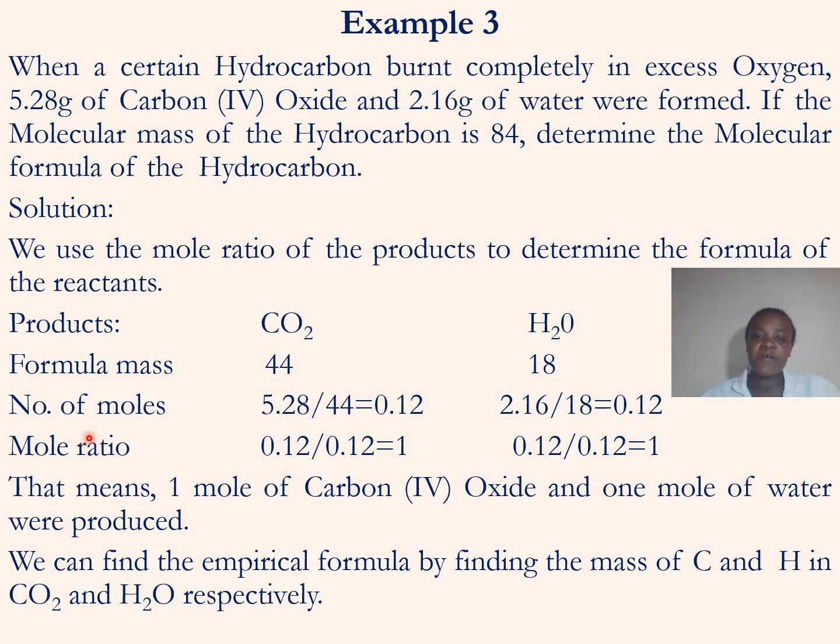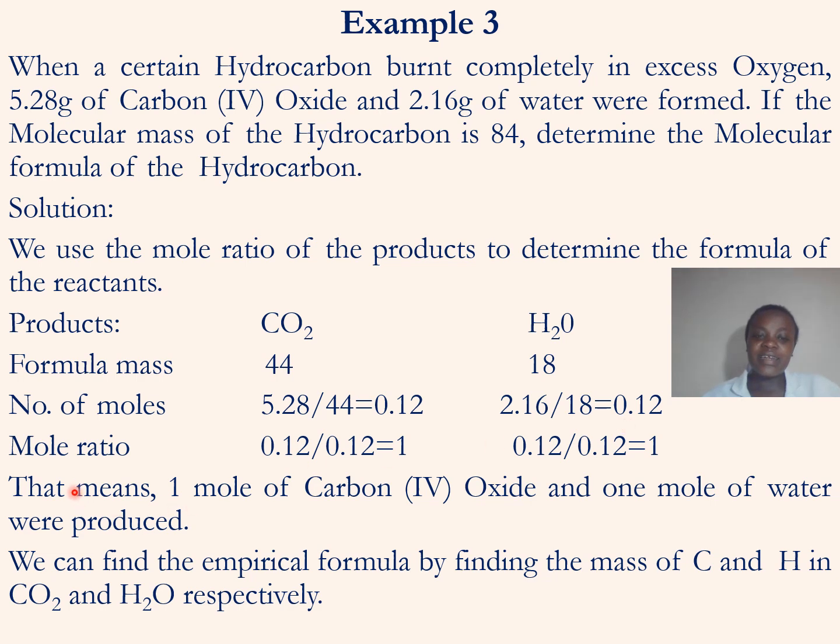So the number of moles, we are just getting mass over the molar mass, or what here we are calling the formula mass. That will be 5.28 divided by 44 to give us 0.12 moles. Then that of water, its mass is 2.16 grams divided by its molar mass, which is 18, to give us 0.12.